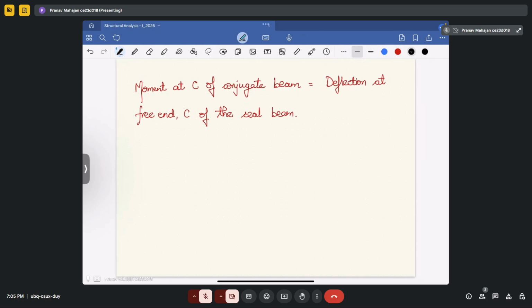Understood? Now let's calculate the moment at point C of the conjugate beam. Let me mark it as D1. So in this case, first I will take the area of this bending moment diagram, that will become 1 by 2, the maximum value is 50 upon EI, and what is the distance? It is 5. So this is your area, and its moment arm is at 2 by 3 of 5 plus 5.